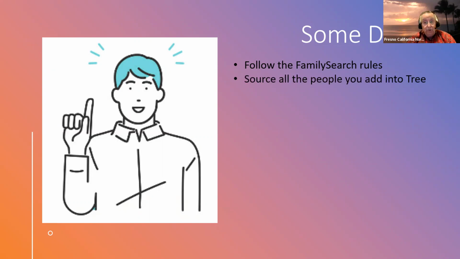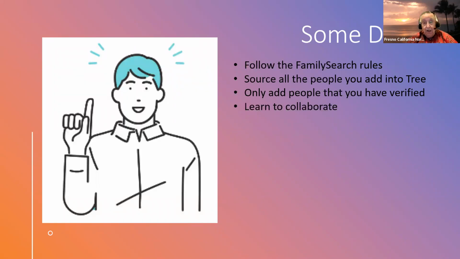Source the people that you add into Tree as best you can. The more sources, the better for verifying who they are. Only add people that you've verified as much as you can. And learn that collaboration. That's a new skill for some of us. We're used to working by ourselves. Just learn to communicate with other people.